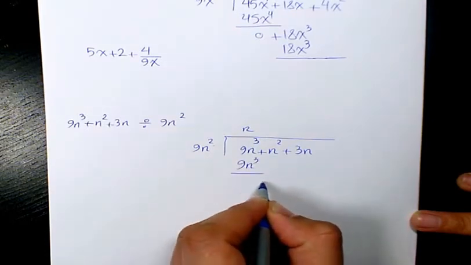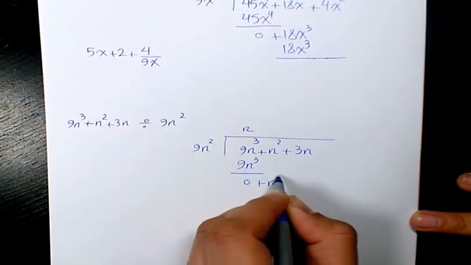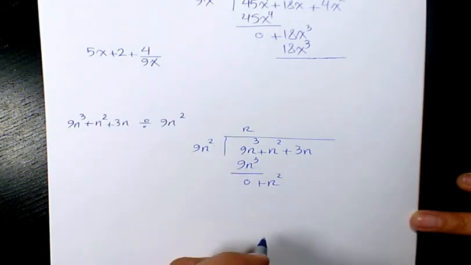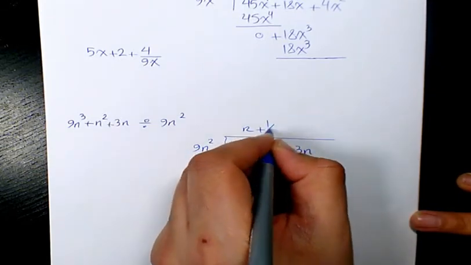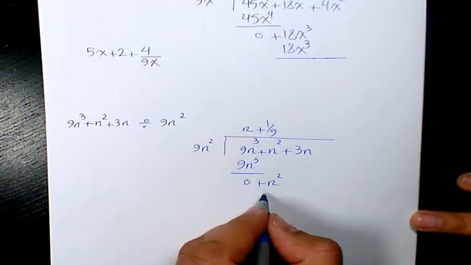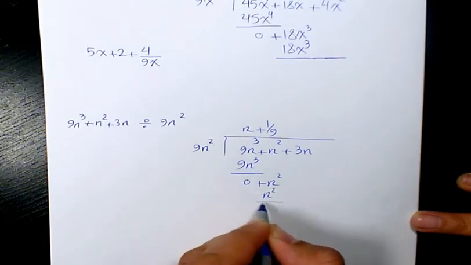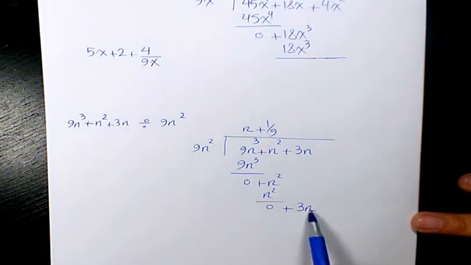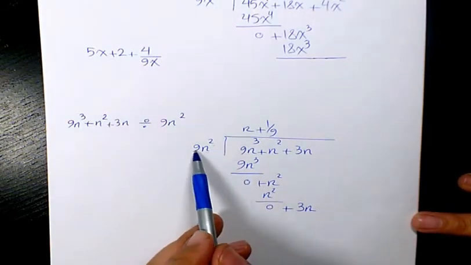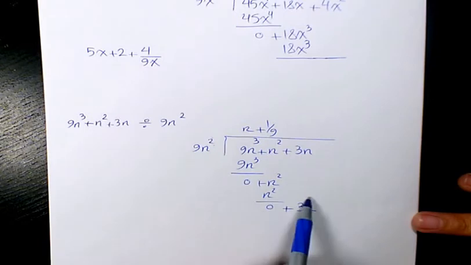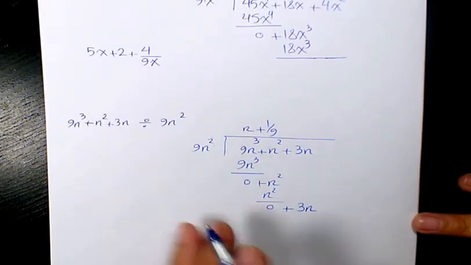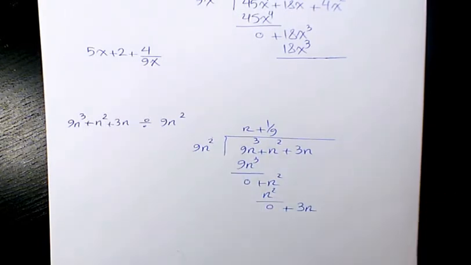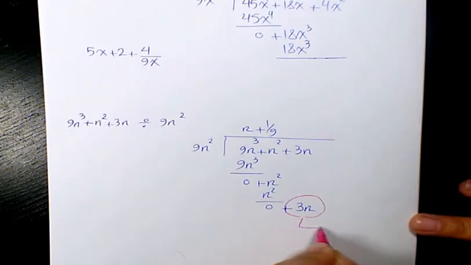It's going to be 0. n squared divided by 9n squared is going to be 1 over 9. When you multiply it, it's going to be n squared, and subtract, 0. And then you can say that 3n is less than 9n squared in terms of the degree. So we can say this one is going to be the remainder.